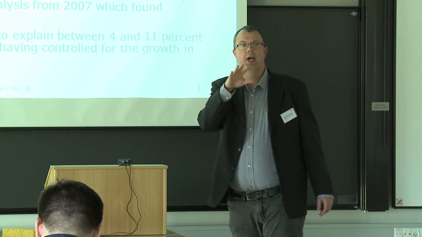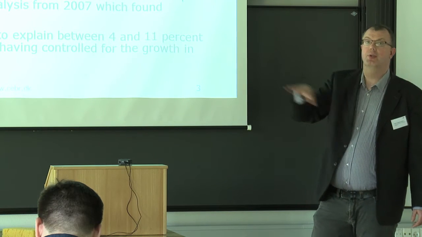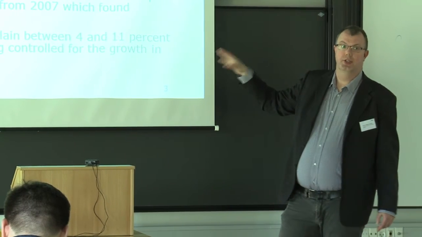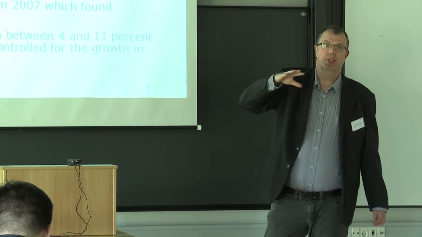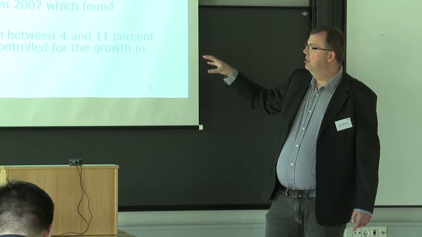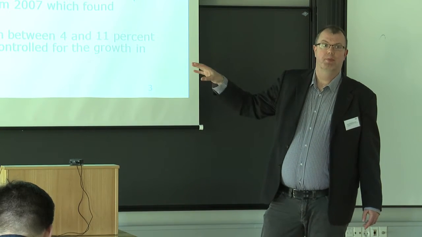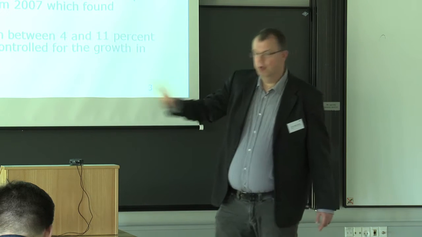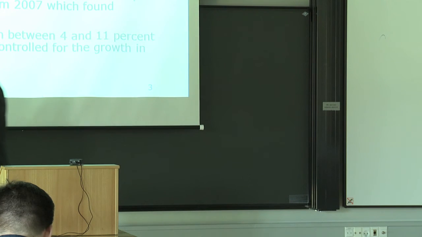So it's exactly the same type of growth accounting exercise on industry data that Stefan showed us, on Danish data. And as Stefan also said, these are not statistically significant, only in some industries. But that's all I'm going to say about this. This is a totally different analysis.